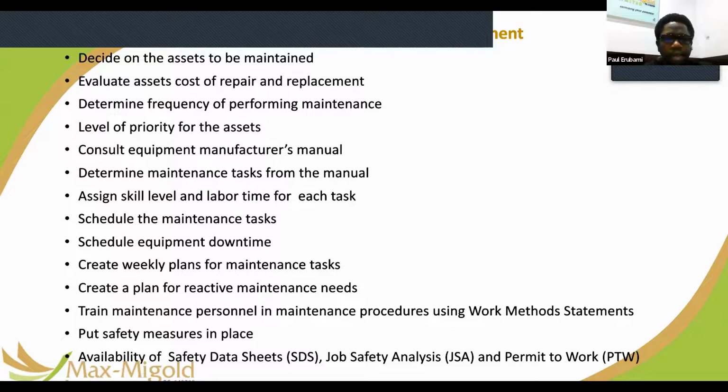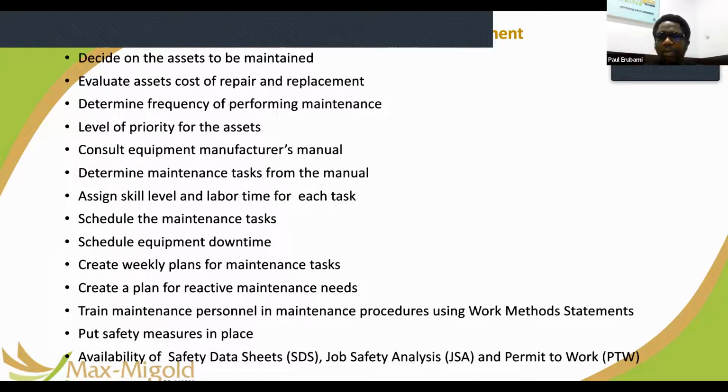Okay, and then all of your weekly, monthly, quarterly plans, and then also ensure that items that are on reactive or run to failure have their own plans, their firm contracts in place, their budgets, and people to respond when that time comes. And then you train your maintenance teams using work method statements.